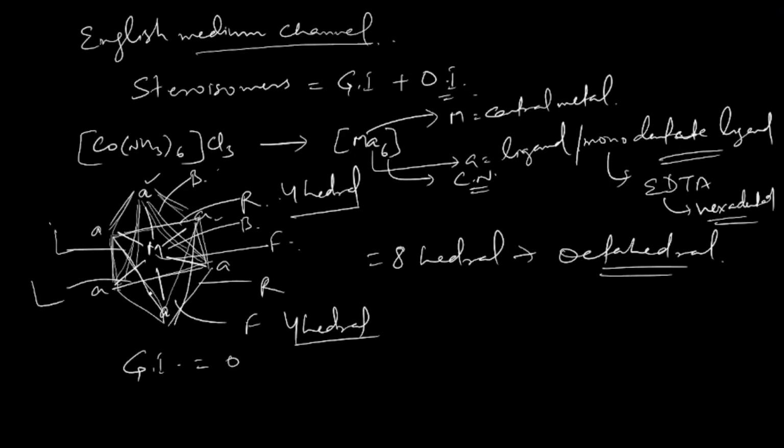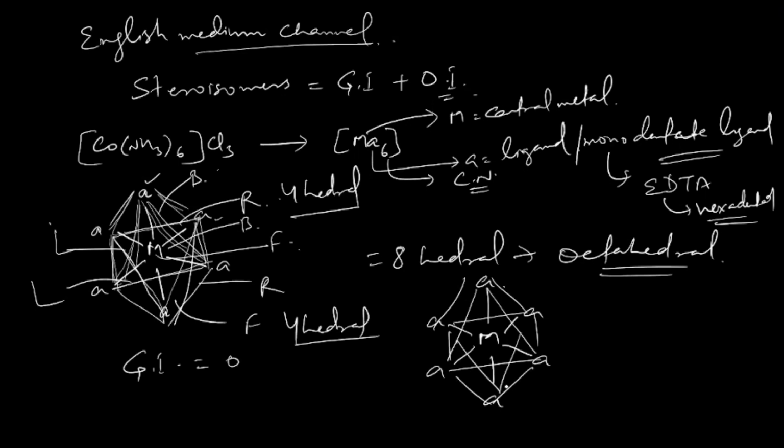And then optical activity. How are we checking optical activity? Again, I'll form this same molecule. One good thing is to practice more. The more you draw, the better you understand any molecule. Suppose this is the octahedral molecule. I'm passing a mirror through this central atom and these ligands.